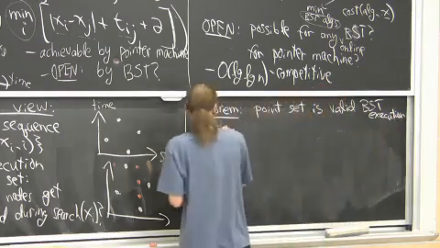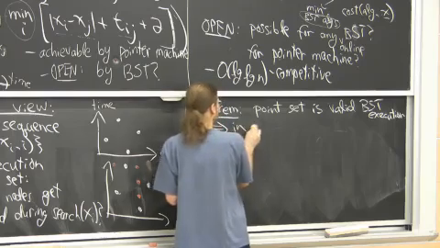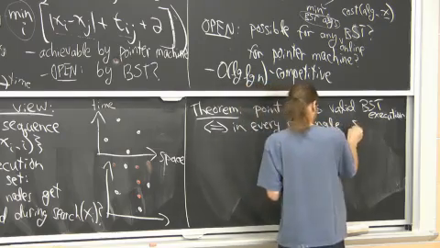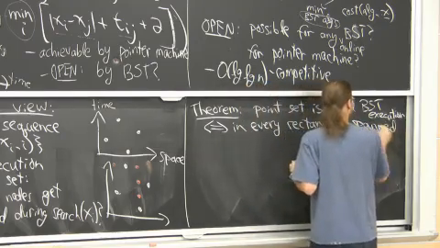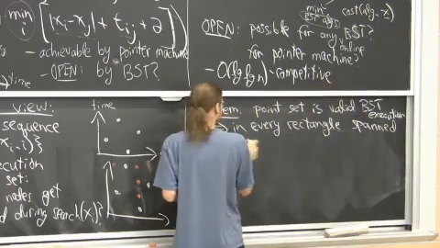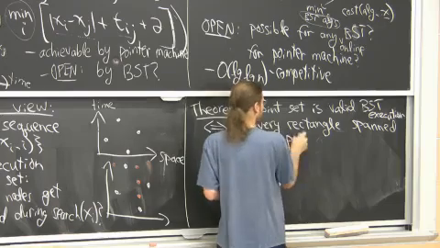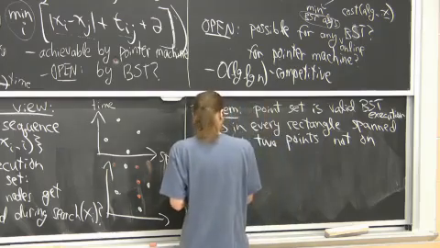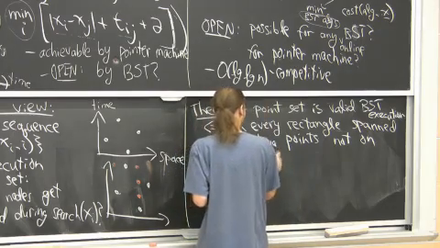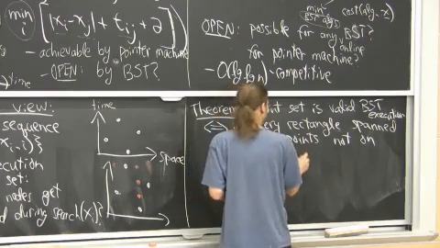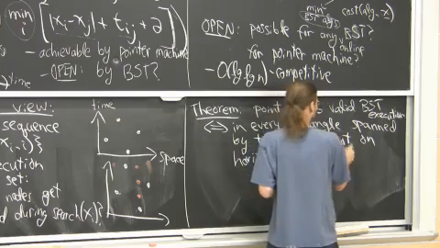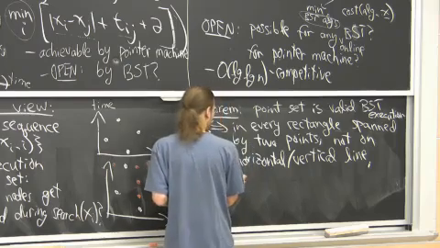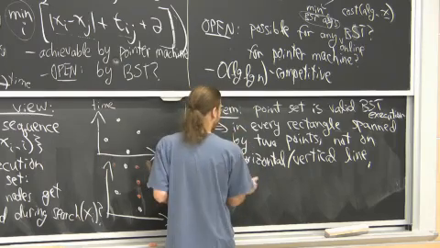And I claim it is if and only if in every rectangle spanned by 2 points not on a common horizontal or vertical line, in every rectangle, there's another point.